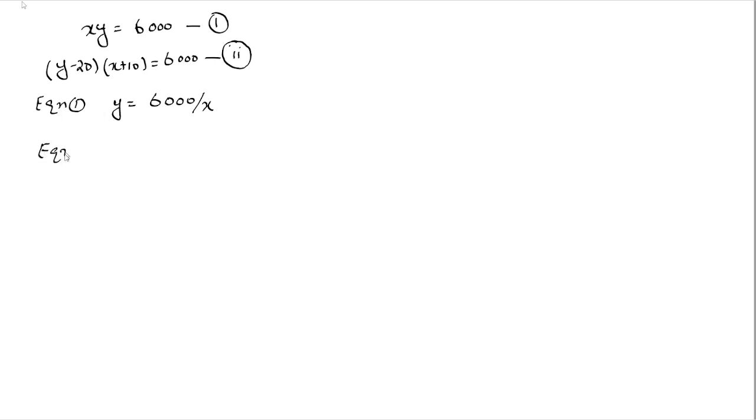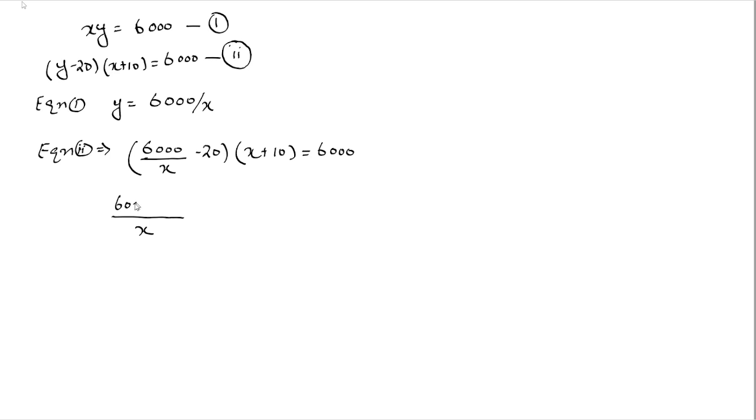So equation number 2 implies that we insert 6000 divided by X for Y, then minus 20, in multiplication with X plus 10, which is equal to 6000. Now take X as the LCM.